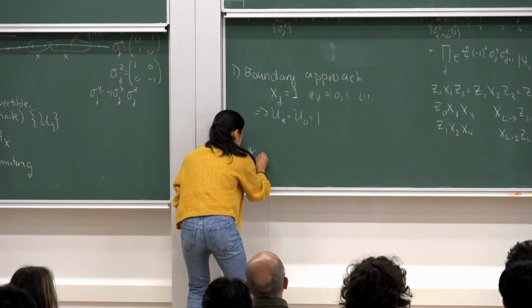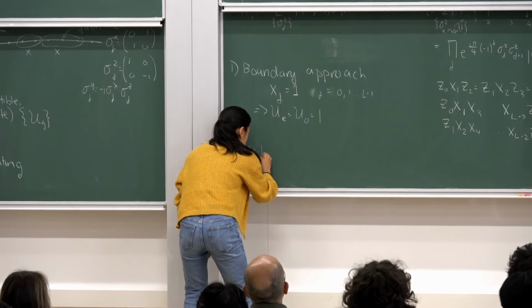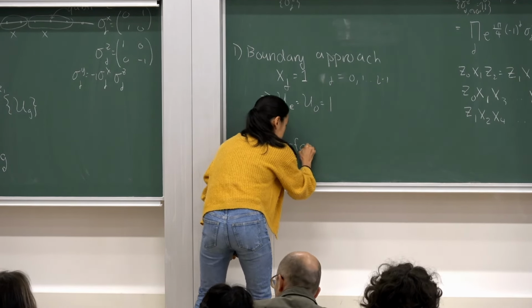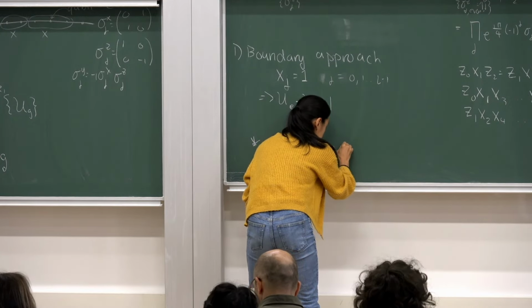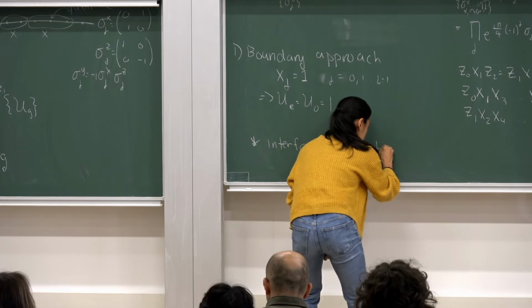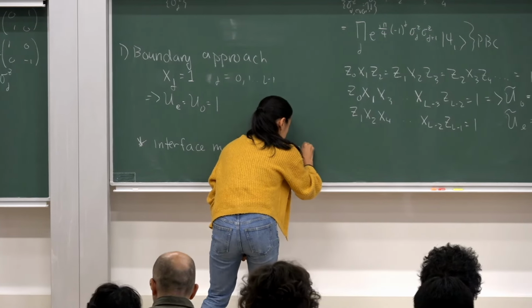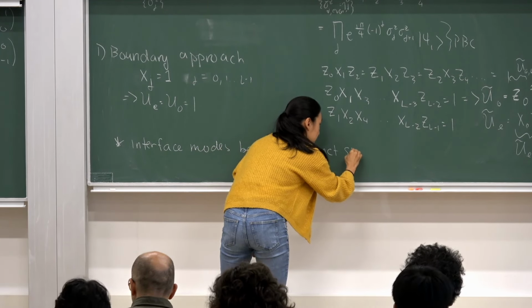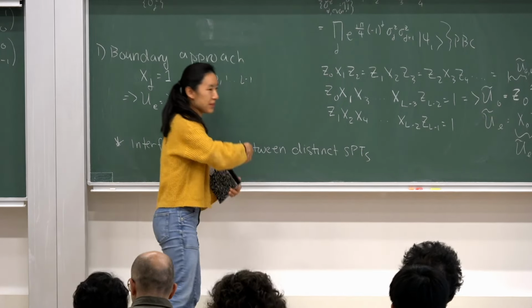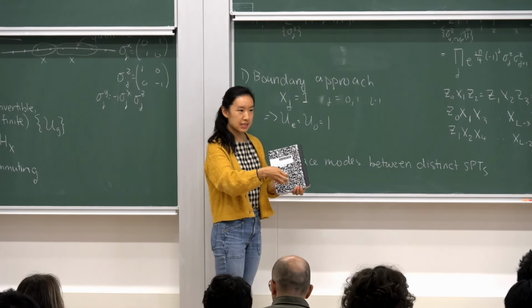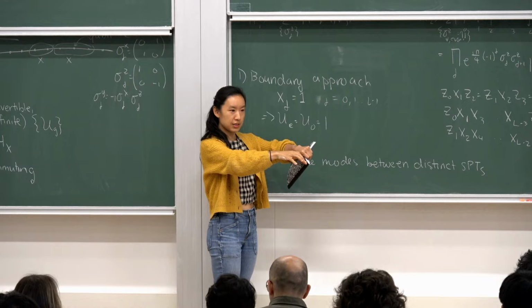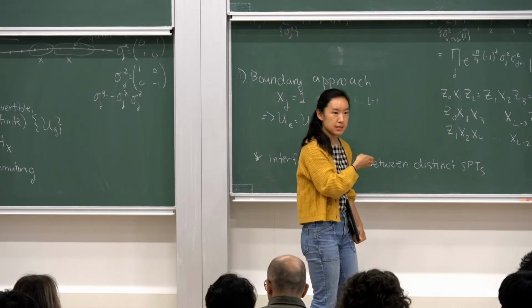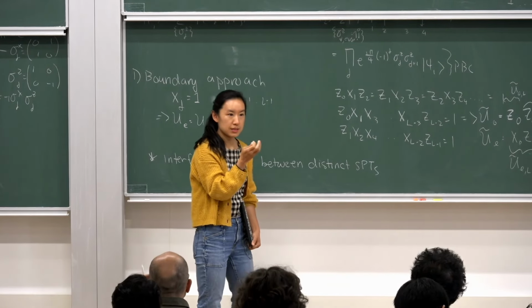So I might have some big classification of different SPTs, and when I place two different SPTs next to each other, I will typically have this sort of degeneracy or some gaplessness in terms of their edge modes.